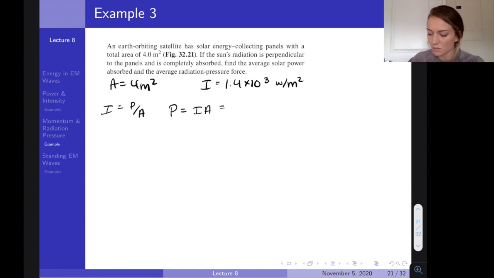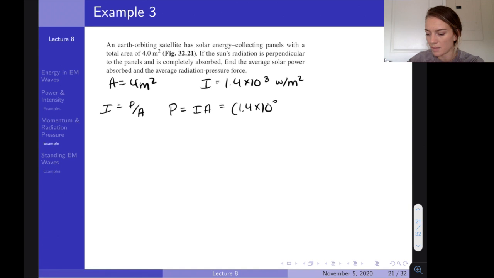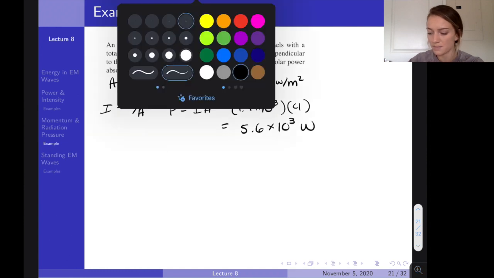Since the satellite is essentially just orbiting right outside our atmosphere, we can use this and multiply it by the area of the solar panels, which was 4 meters squared. We can find the total power absorbed. That's going to come out to 5.6 times 10 to the 3 watts.